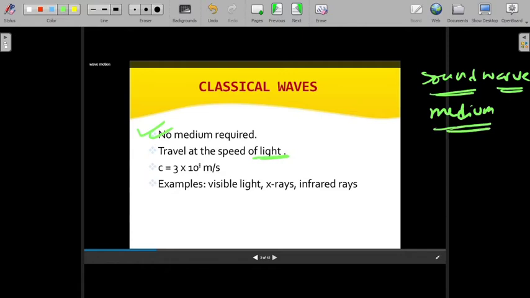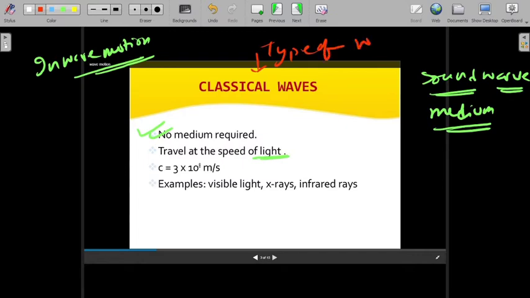In the wave motion chapter, we discuss the waves which require a medium. Here it is a type of wave.